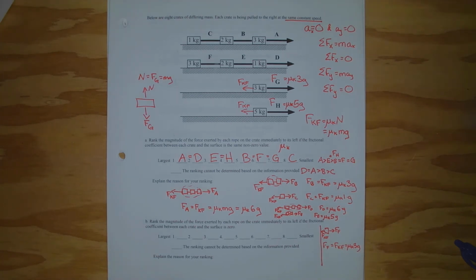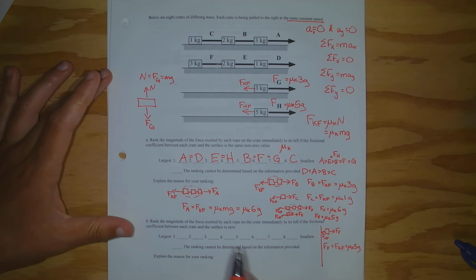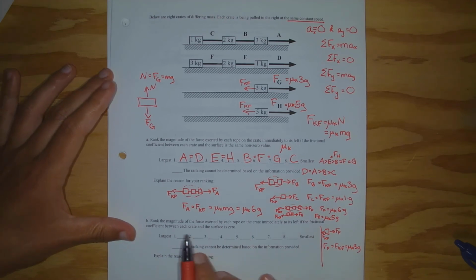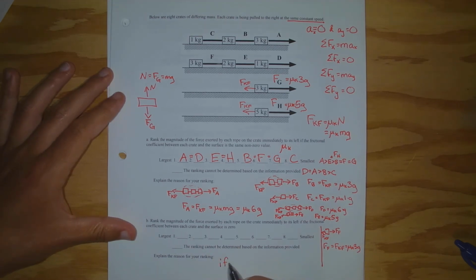In part B, we want to rank the magnitude of the force exerted by each rope on the crate immediately to its left if the frictional coefficient between each crate and the surface is 0. If the frictional coefficient between each crate and the surface is 0, what happens to all of the forces that we had in part A?